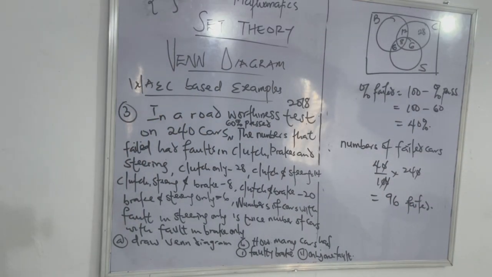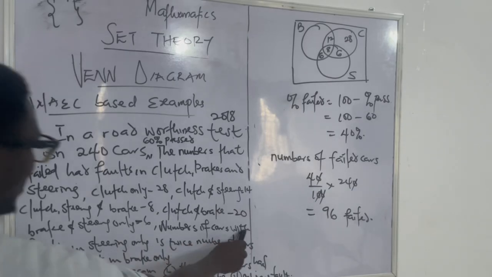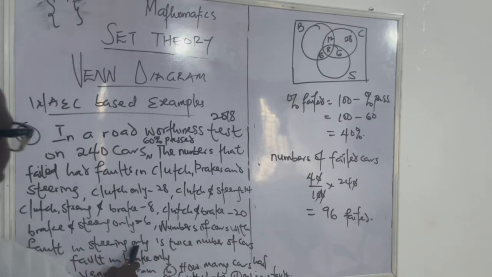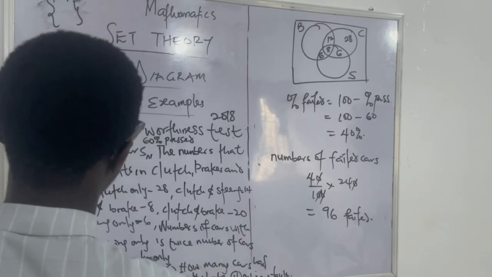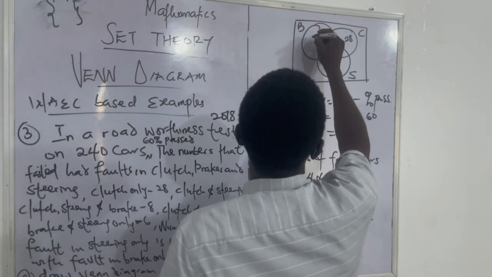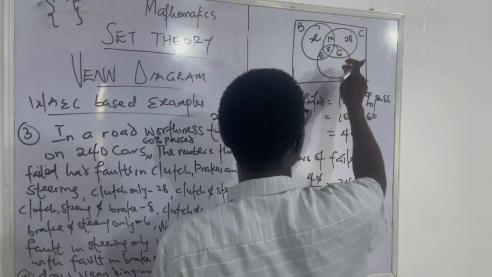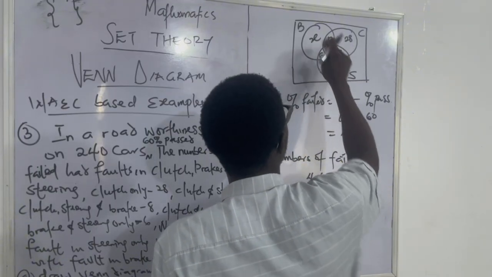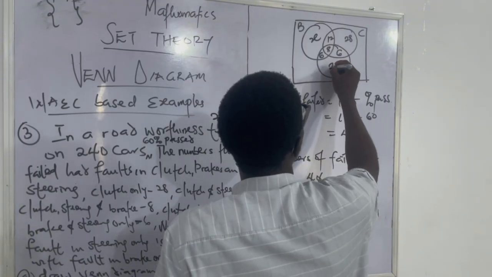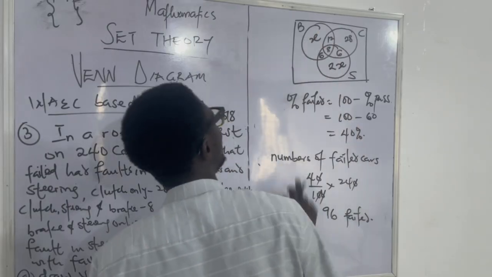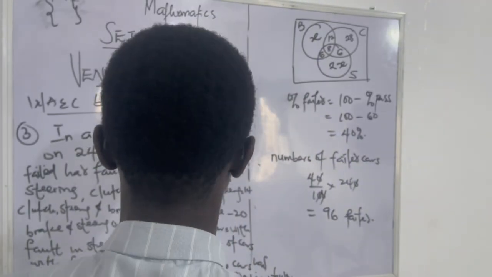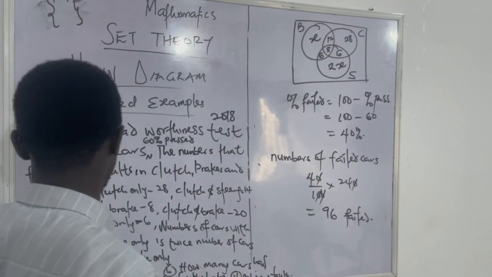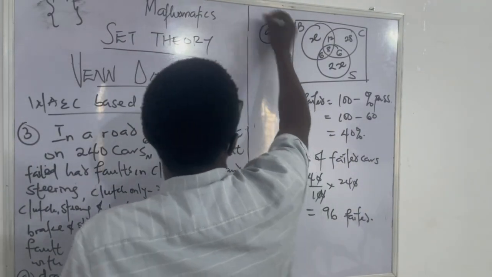Now, the number of cars with faults in steering only is twice the number in brake only. So if the number of cars in brake only is x, then steering only is twice brake only, that's 2x. We are done with the Venn diagram.